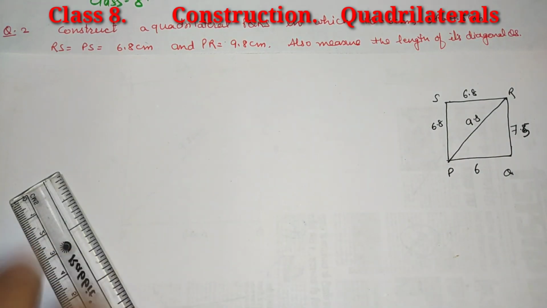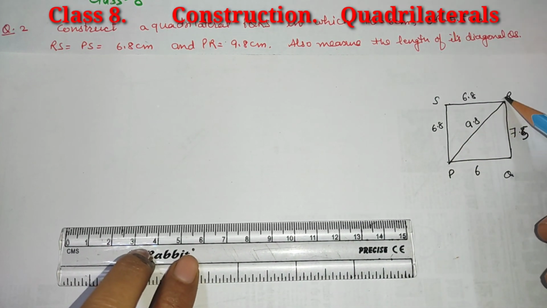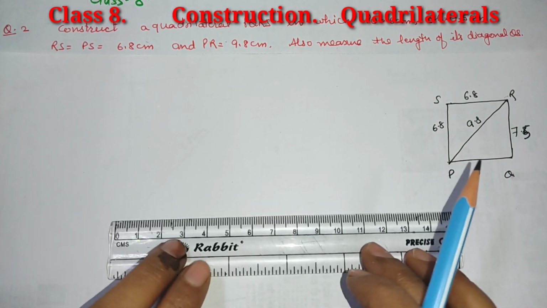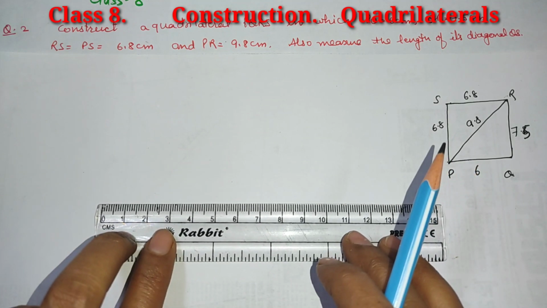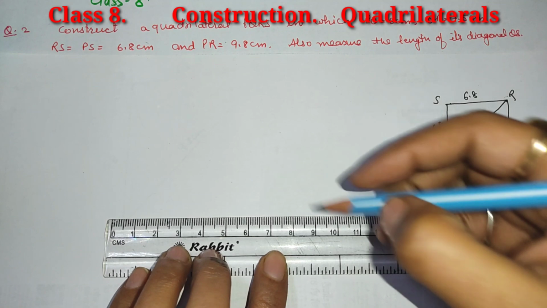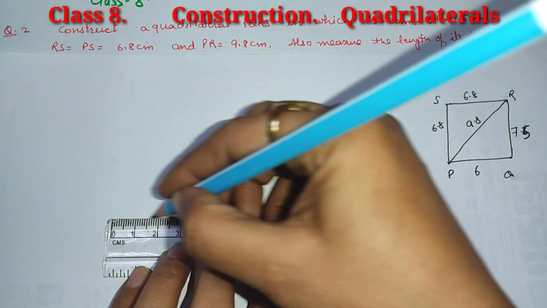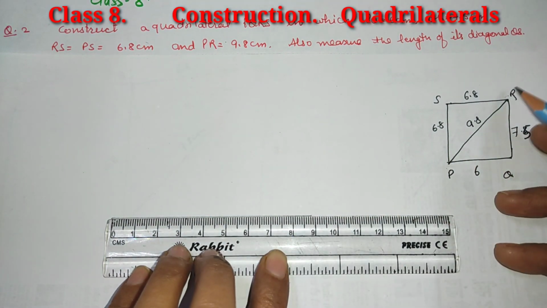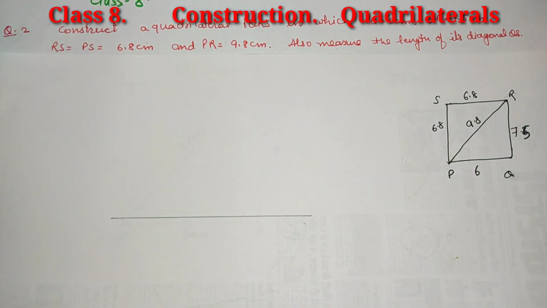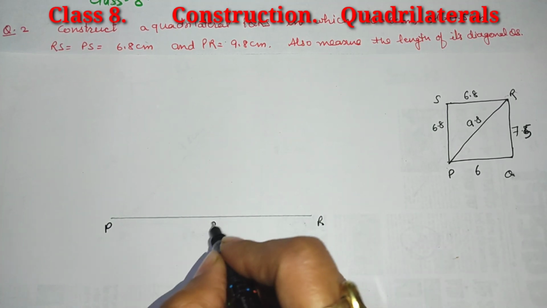Now in this I will take PR as a diagonal. Diagonal is there, no? So I can take here 9.8. First of all I will draw the diagonal, 9.8 diagonal, and its name is PR. See it here, I will write P and R, 9.8 centimeter.